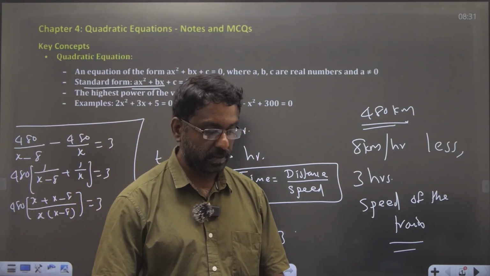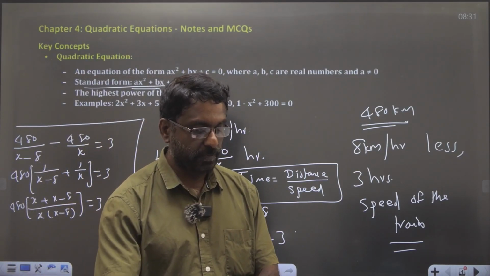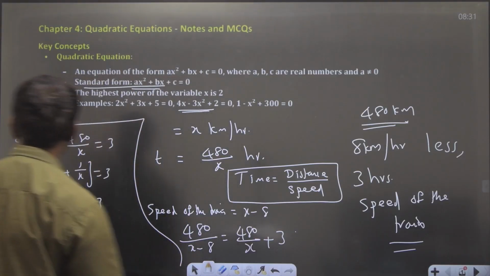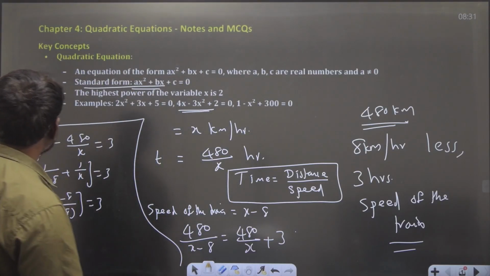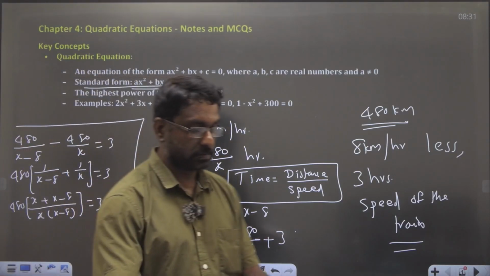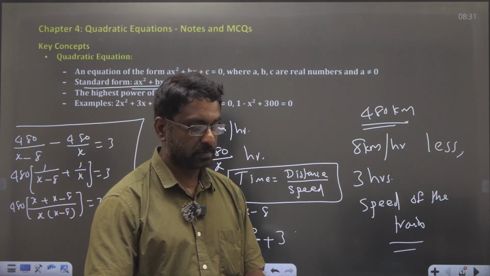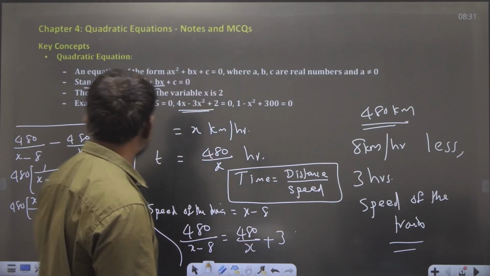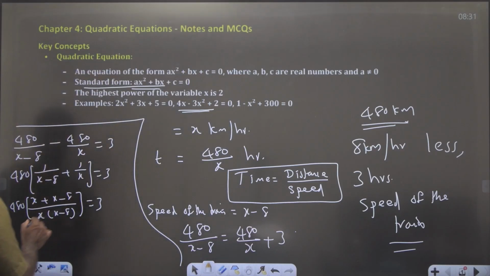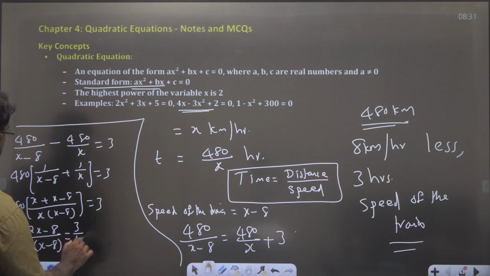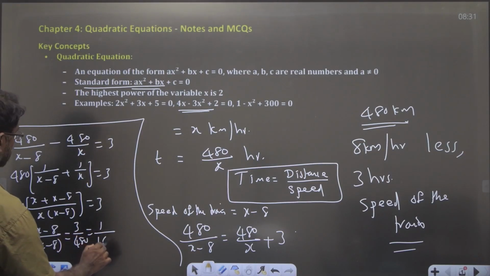When simplifying, we will get... we can take 480 to the right hand side: (2x minus 8) divided by x into (x minus 8) equal to 3 by 480, that is 1 by 160.